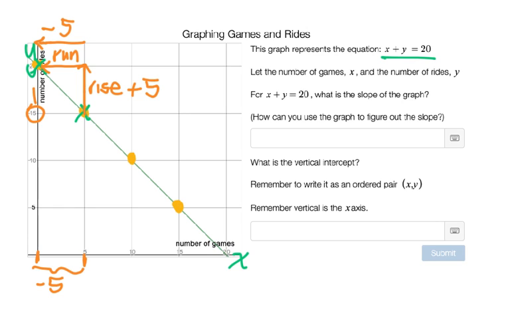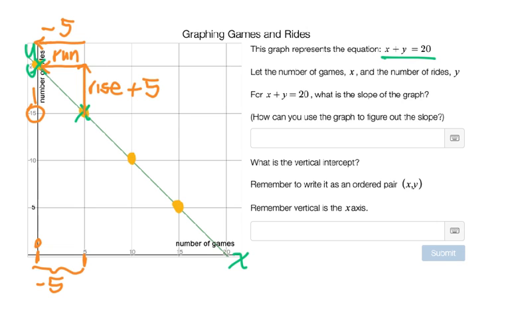All right, just to remind you, how did I get negative 5? Well, if this is 0 and this is 5, I ran negative 5 from 5 to 0. I ran to the left. That means I ran on the number line negative 5. So 5 going to 0 means negative 5.